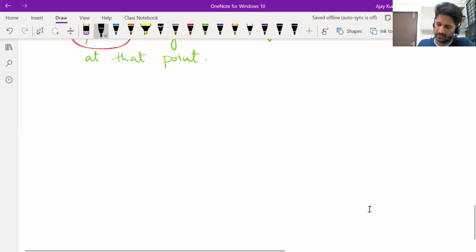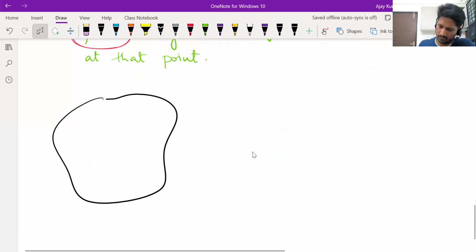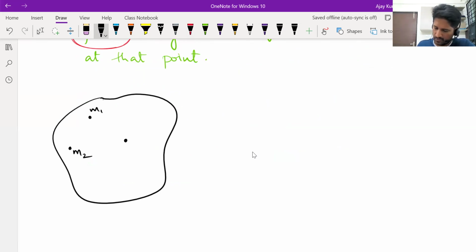Consider a random system. Any object you can take. There'll be an infinite number of particles in it. Let's say there's one particle of mass small m1, another particle of mass small m2, another of mass small m3, and so on up to small mn. Let's say there are n number of particles.